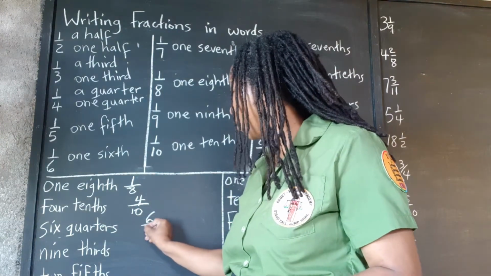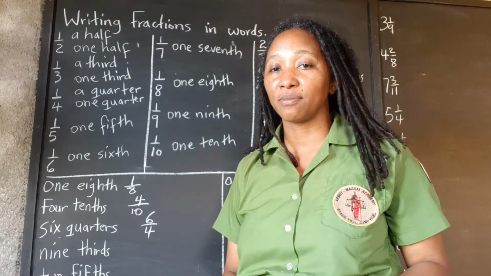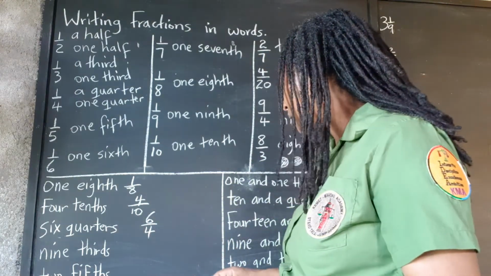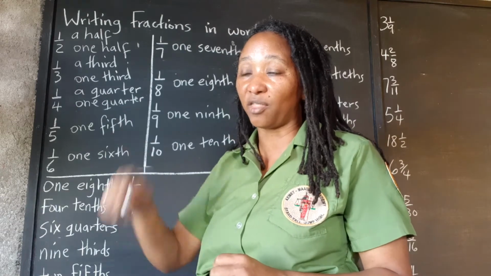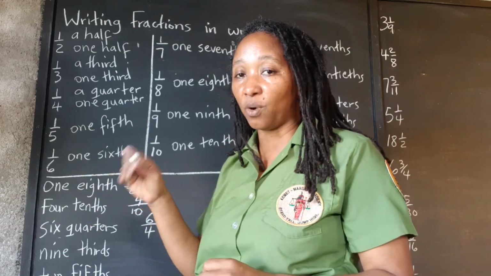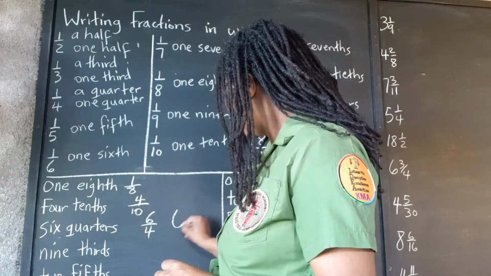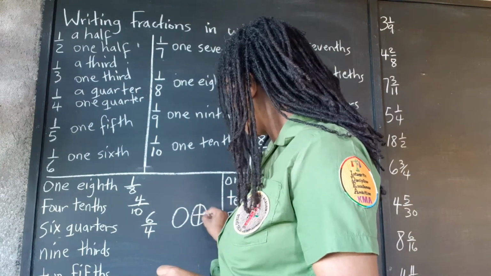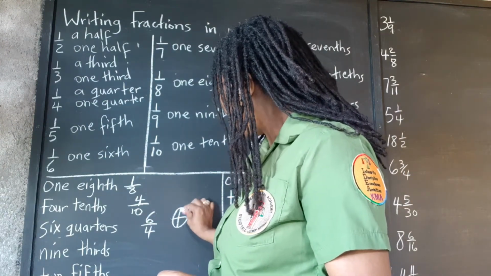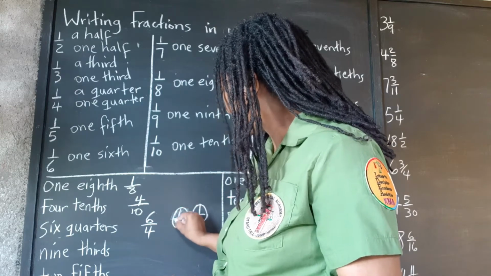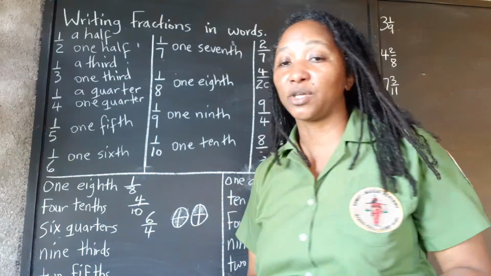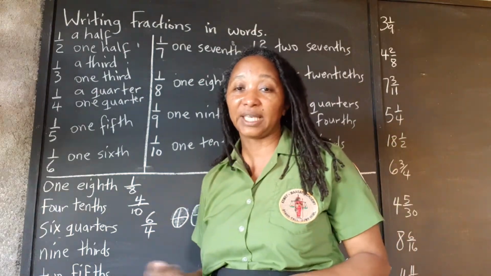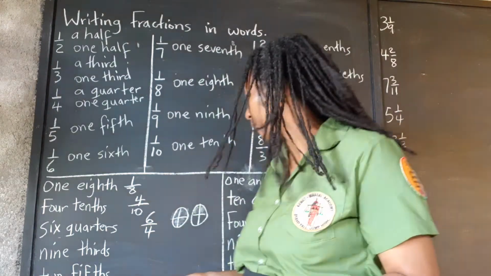Six quarters, right? So we'd have 1 whole divided into 4 quarters, and then another whole divided into 4 quarters, and we're taking 2 from that. So this is what 6 quarters look like. So we get 4 quarters from that, and then 2 more quarters. So it's 1.5 then. 6 quarters is 1.5.